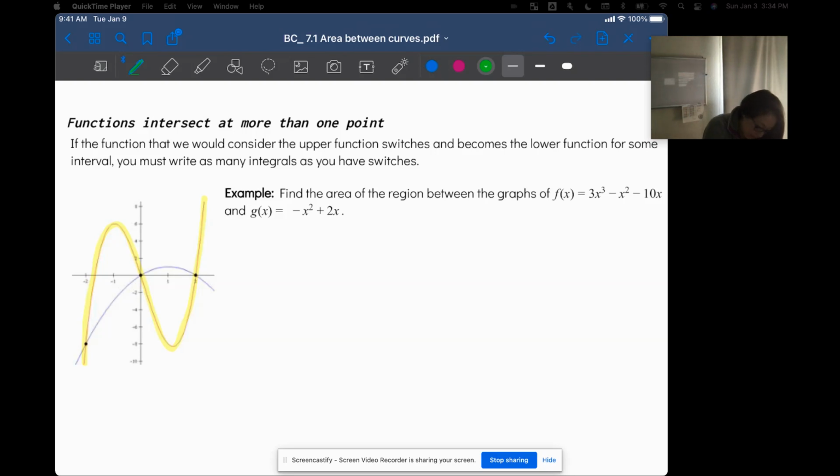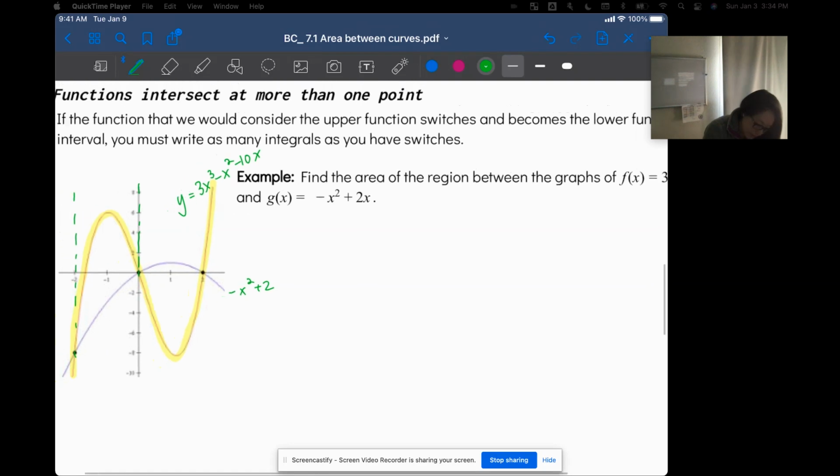So I always label out my curves. This is f of x, or y is equal to 3x cubed minus x squared minus 10x. And then the purple curve is negative x squared plus 2, since it's the parabola, and one is the cube function. So when the graph is between x equals negative 2 and x equals 0, the cube function is the top function, and then the parabola is the bottom function.